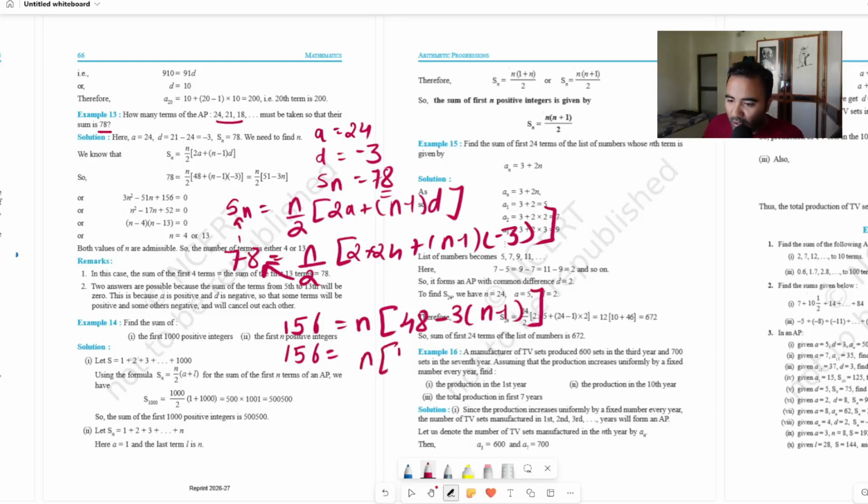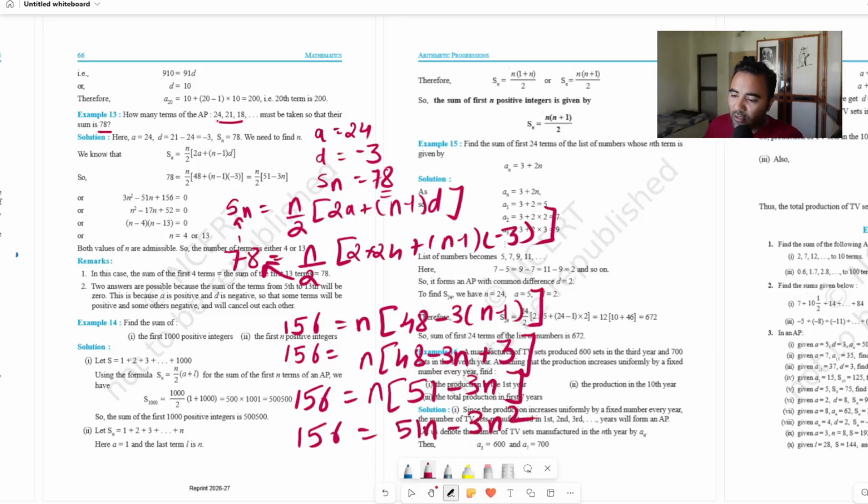Chalo, n into 48 minus 3n plus 3. Let's see what we get from this. 48 plus 3 is 51, I guess. So n into 51 minus 3n, so 156 is equal to 51n minus 3n square.